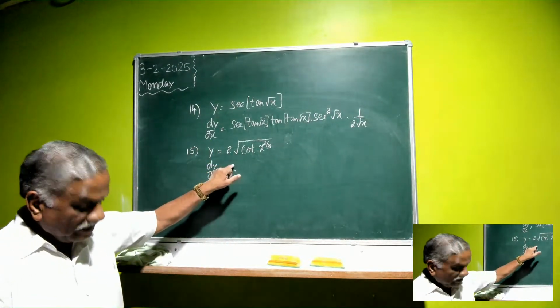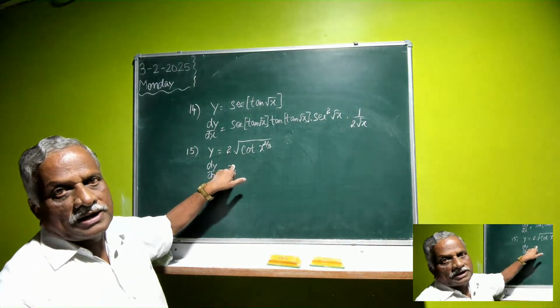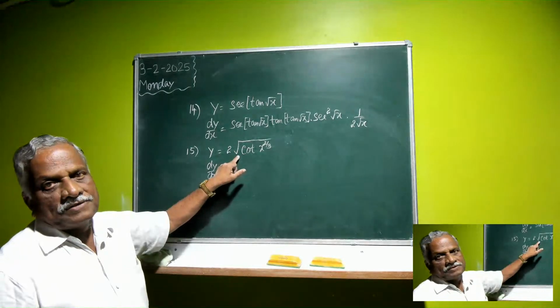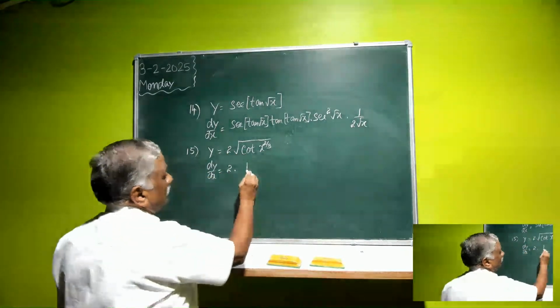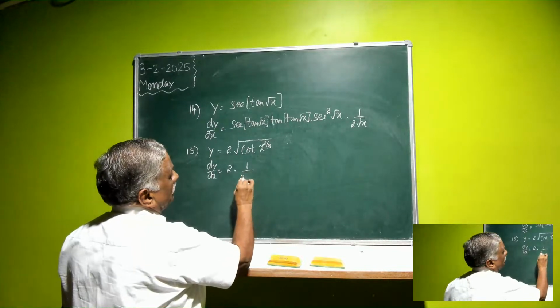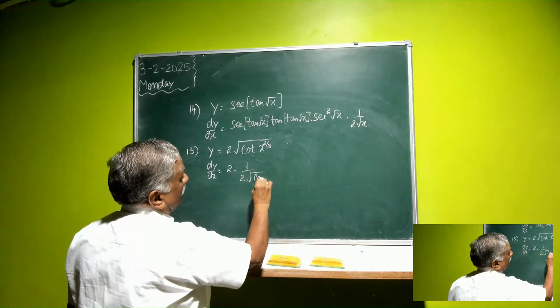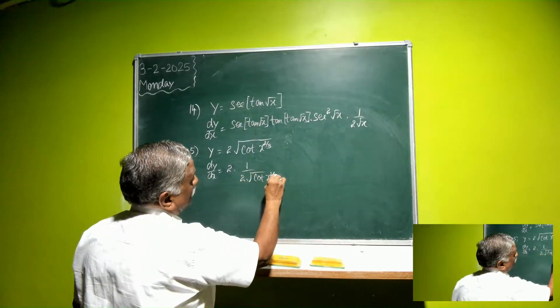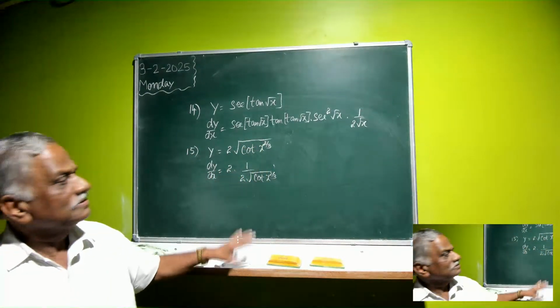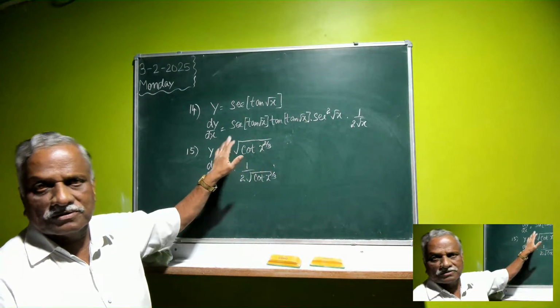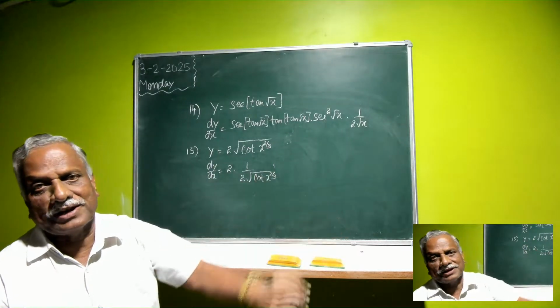Now what is the first thing? You have to differentiate root first. So it is 1 over 2 root cot x to the power of 2 by 3. See, this power 2 by 3 is given just to confuse you. You are just concentrating on root, 1 over 2 root whatever is there, you write.